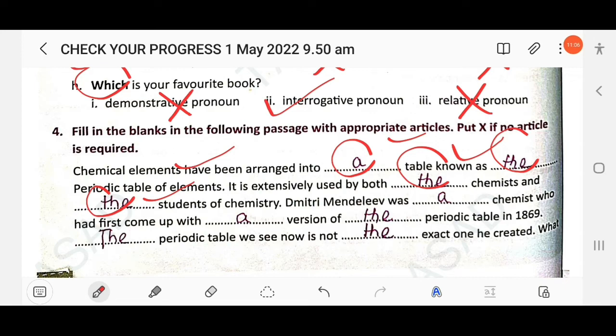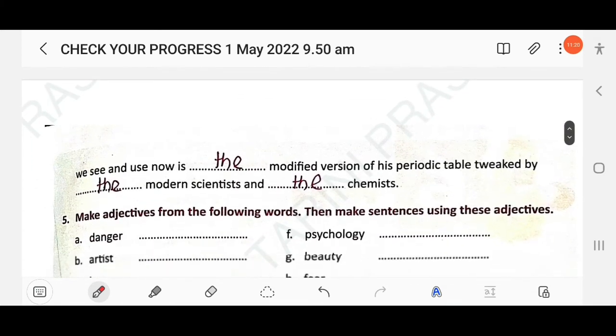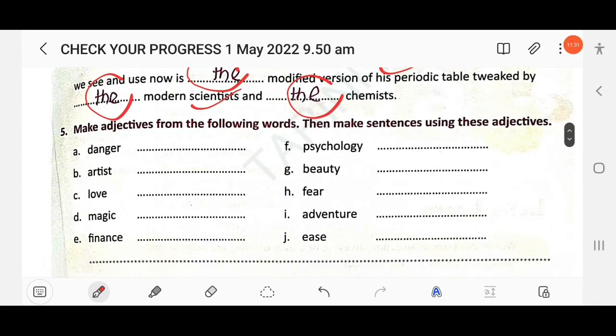Dmitri Mendeleev was a chemist who had first come up with a version of the periodic table in 1869. The periodic table we see now is not the exact one he created. What we see and use now is the modified version of his periodic table tweaked by the modern scientists and the chemists.